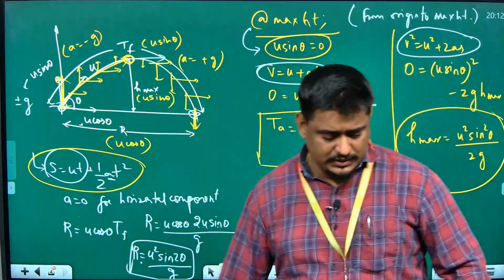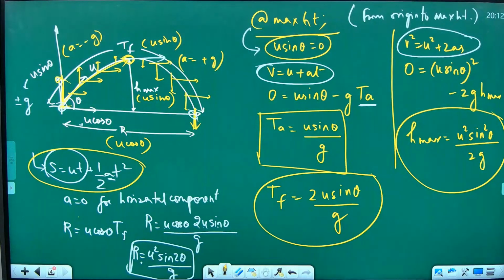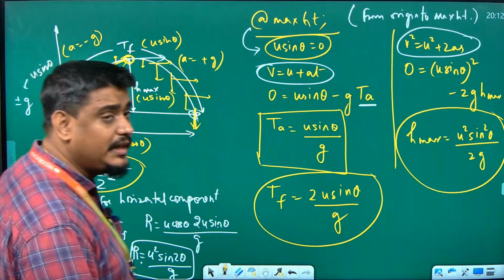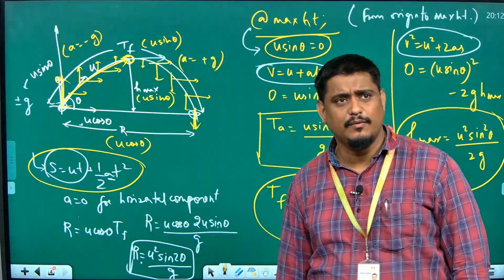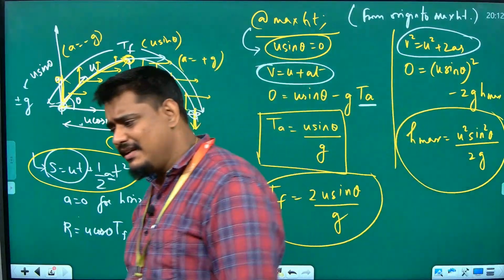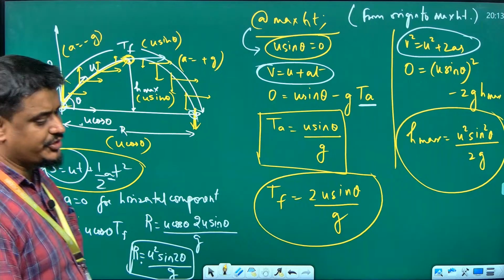The question is, if a body is projected with a velocity of 30 meter per second at an angle of 30 degree with the vertical, find the time of flight, maximum height and horizontal range, all three.